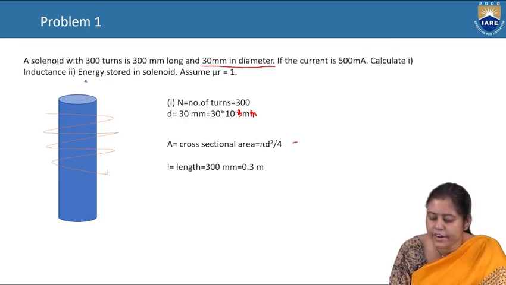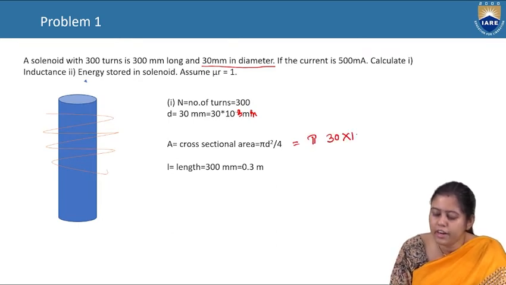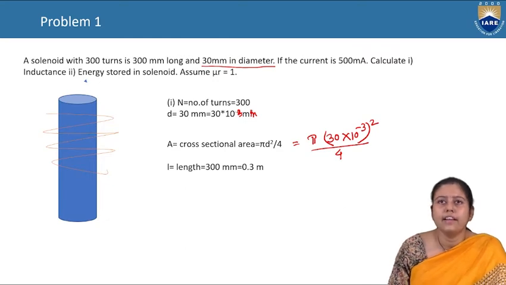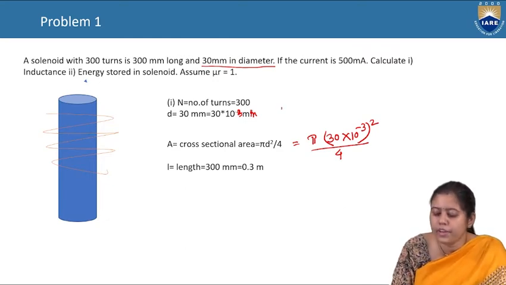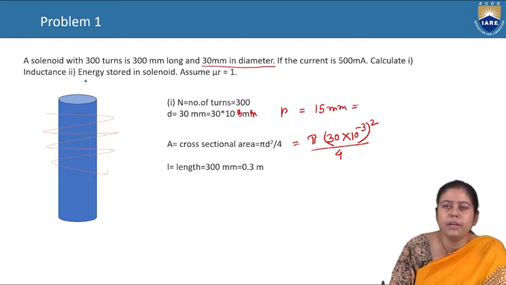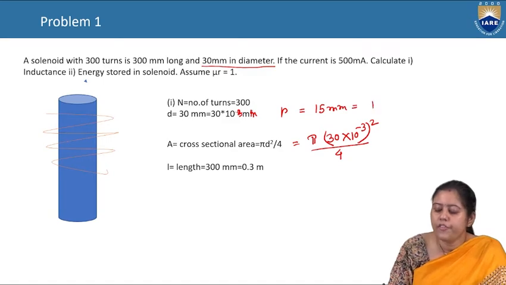So here we can write pi into 30 into 10 to the power minus 3 whole square by 4. Or we can calculate the radius first. If the diameter is 30 millimeter, the radius is 15 millimeter, equal to 15 into 10 to the power minus 3 meter.